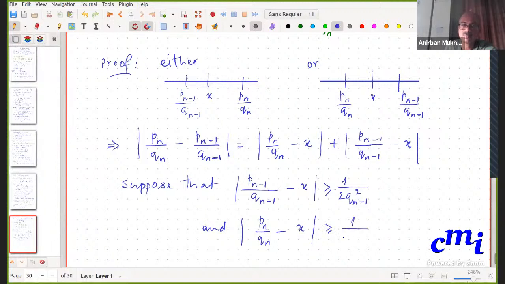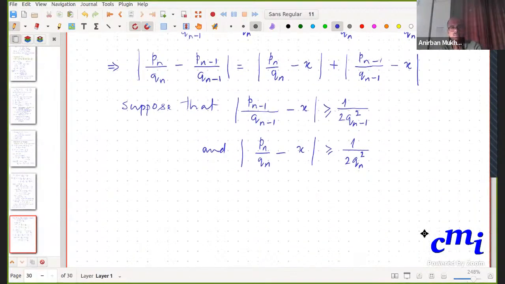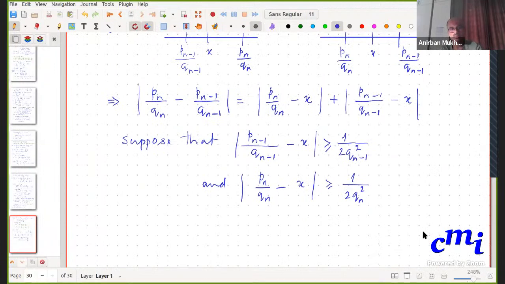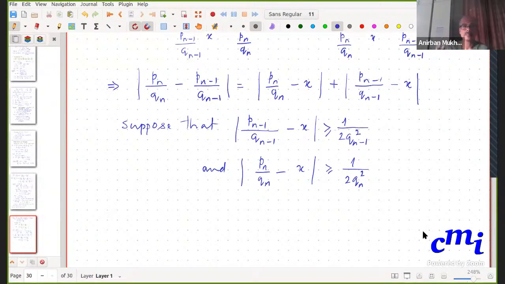Therefore, we are reversing the inequalities. So both hold together simultaneously. Now let's plug this information into the equality we have in the first line.